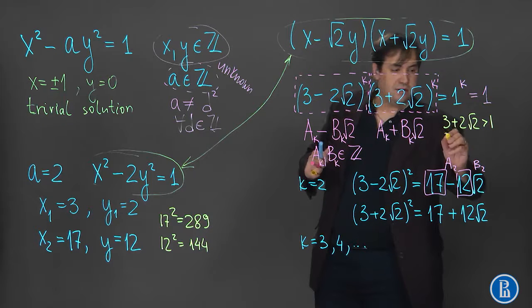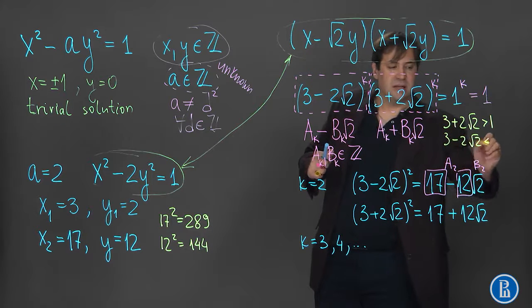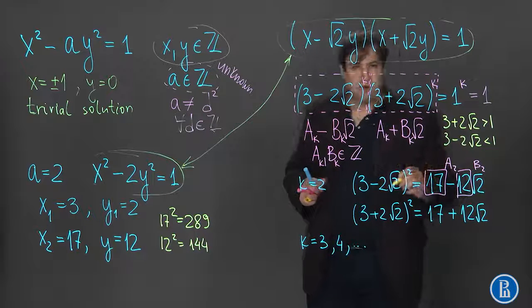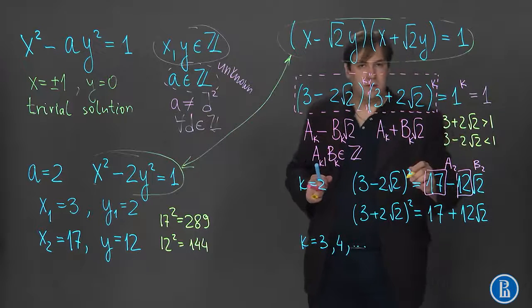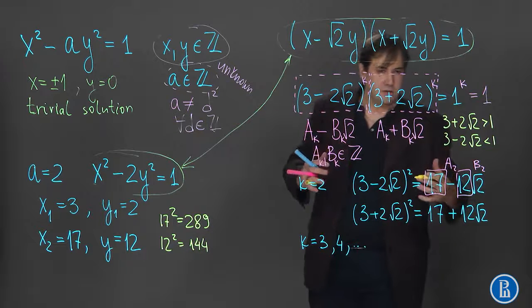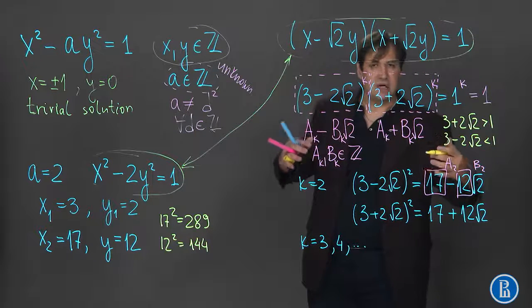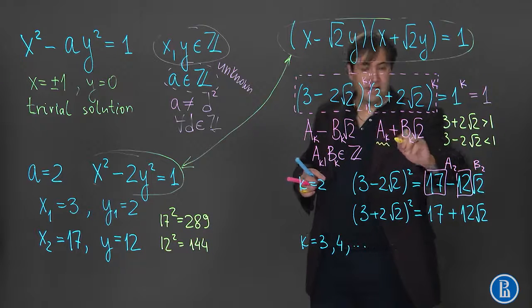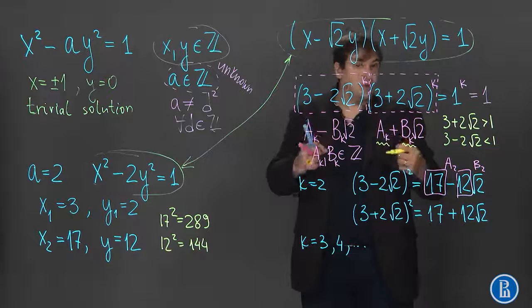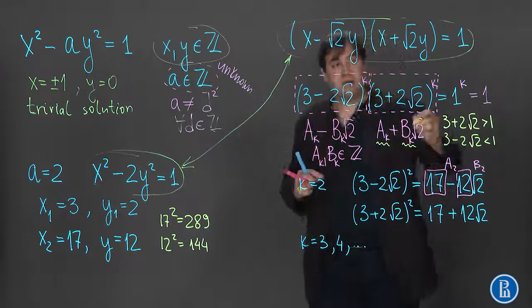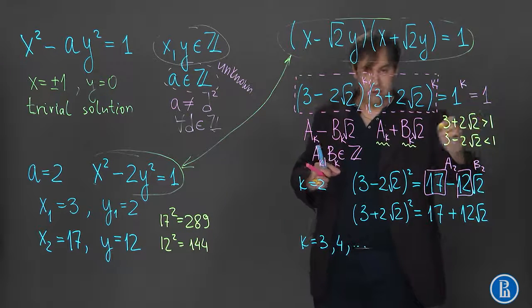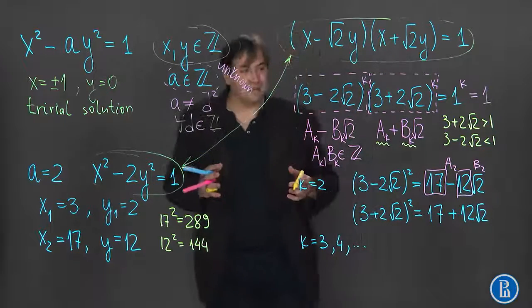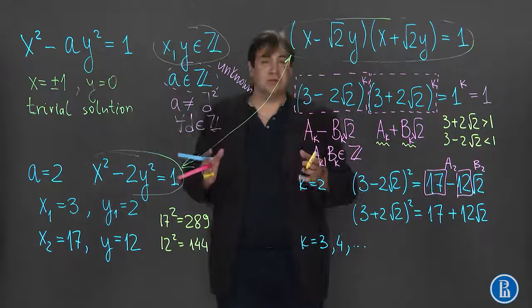And 3 minus 2 square roots of 2 is actually less than 1. So when we take this number and raise it to some power, we get new numbers, and greater and greater numbers, so they never repeat. From this it follows that a_k and b_k are also new and different for every power to which we raise this number. And now we can be 100% certain that there are infinitely many solutions of the Pell's equation.